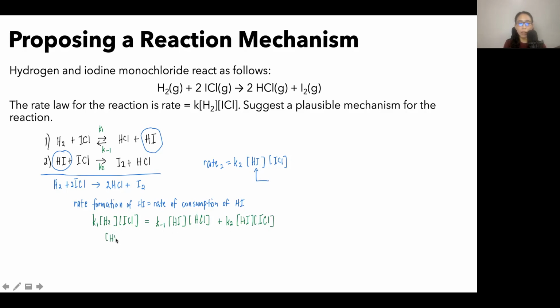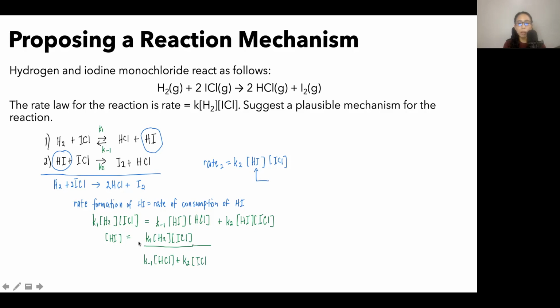So HI is equal to k1 times H2 times ICl over k negative 1 times HCl plus k2 times ICl.